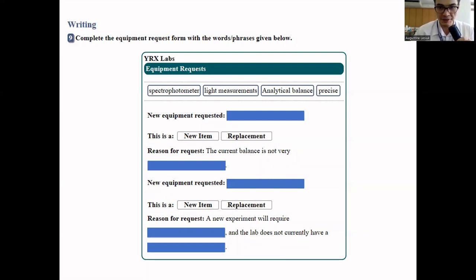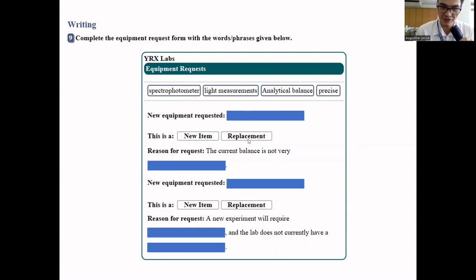For the writing segment of this unit, I want you guys to match which of the following words or phrases belong to which of these blanks. One of these words can be used twice, okay? So after you fill in the blanks using these words, spectrophotometer, light measurements, analytical balance, and precise, you need to figure out whether or not the item that they're talking about, the equipment, is a new item or a replacement based on the reason for request.